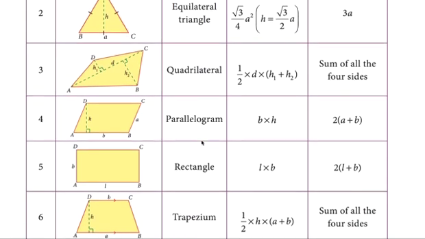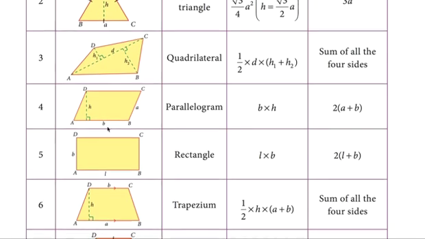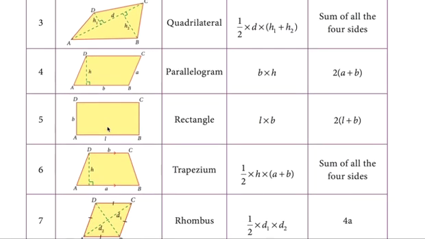Parallelogram, b into h. I'm not talking about perimeter as of now. Why? Because that is pretty simple, right? You add four sides, you will get the perimeter. Rectangle, length into breadth.